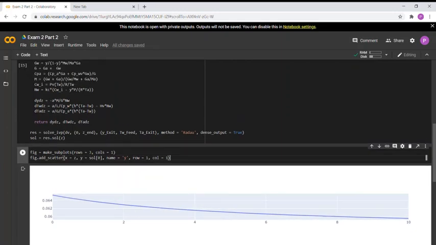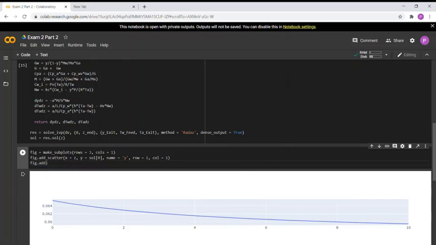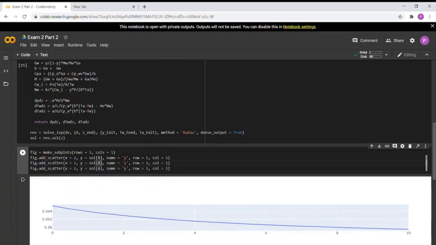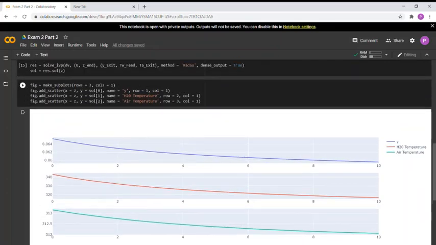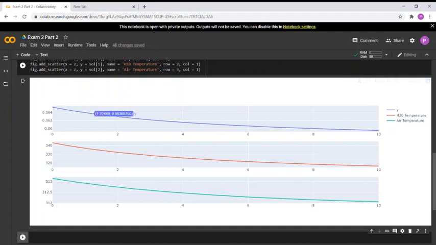Okay, next is add. Just copy it down here as well, but y is sol 1 and 2, name is H2O temperature, row 2. Row 3 is air temperature. Yes, this is what we have.